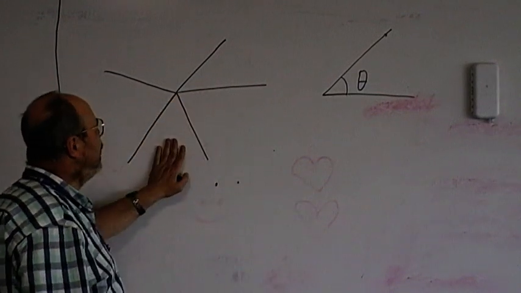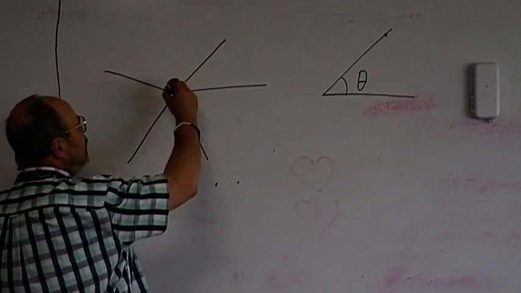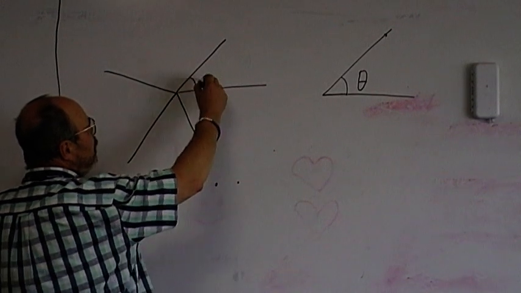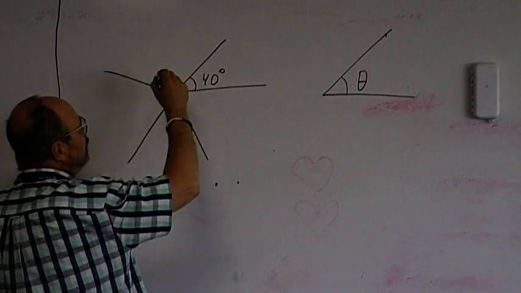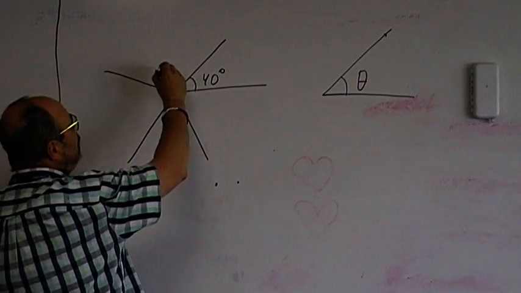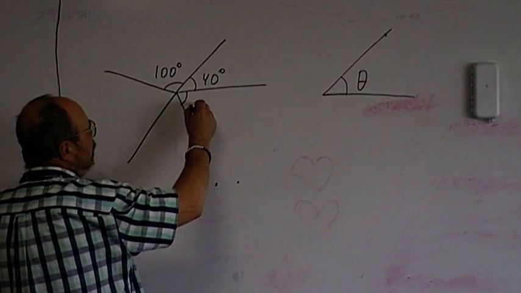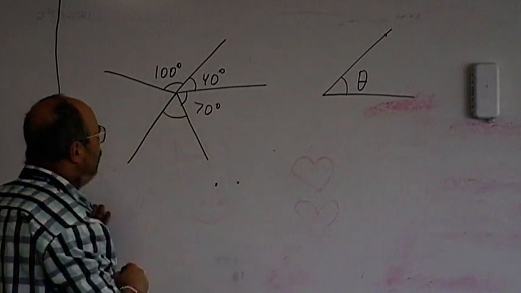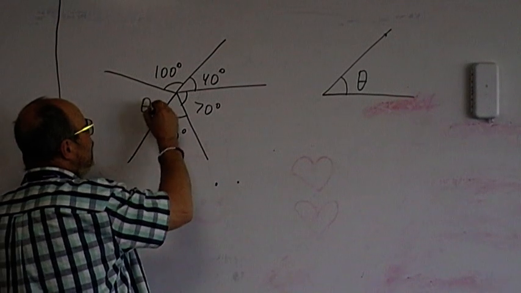So if we have those 5 angles, and let's say this angle is 40 degrees, this angle is 100 degrees, this angle is 70 degrees, and this angle is 50 degrees. What will be angle theta?